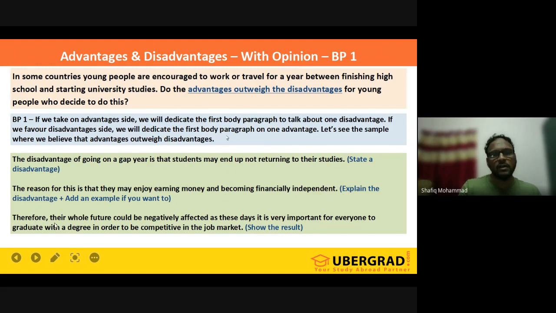Therefore, their whole future could be negatively affected, as these days it is very important for everyone to graduate with a degree in order to be competitive in the job market, isn't it? It is. So it is the result. When someone is not going for further studies, definitely they wouldn't be competitive enough in the job market, right? So that is the way you're explaining the disadvantage.